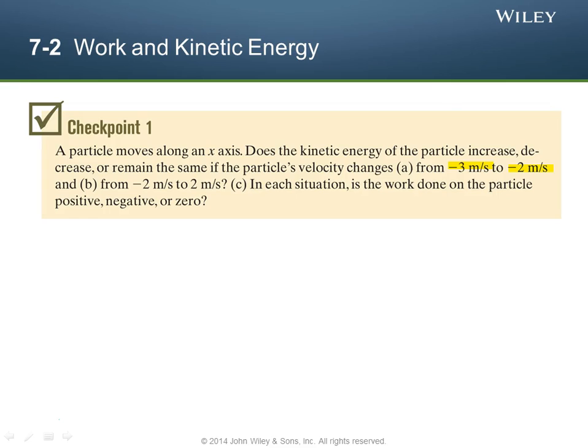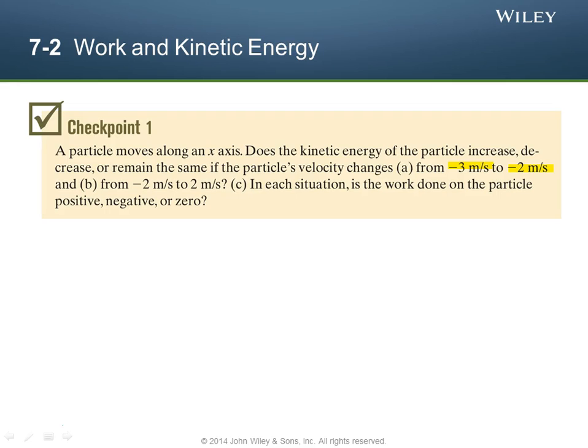Initially, using 1/2 mv squared, we would have 1/2 times the mass, which we don't know, but that doesn't matter, times -3 squared, which gives us 9. So we'd have 9 halves times m. Whereas when we're moving at -2, we have 4 halves, or just 2m. So we actually decrease our energy here.